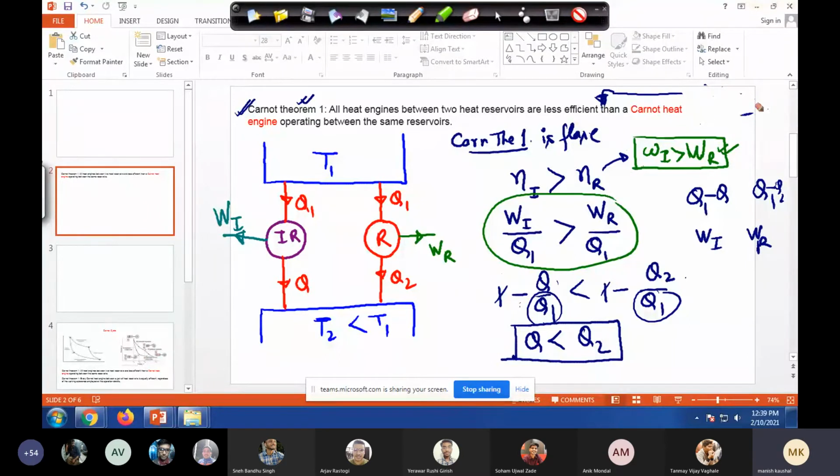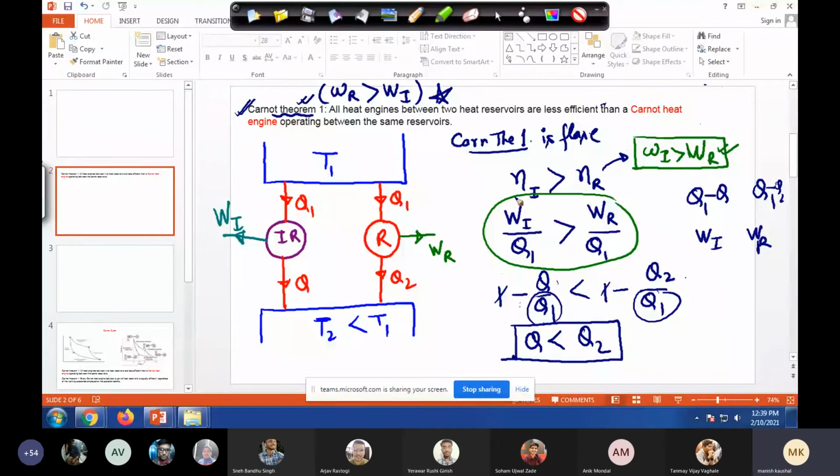So one can write this way also. Carnot theorem 1 says that the reversible engine has the highest efficiency, and when you define efficiency, the denominator is the same. So Carnot theorem 1 is nothing but W reversible is greater than W irreversible. That's what we want to prove mathematically today. So in order to prove it, we said that this claim is wrong itself.